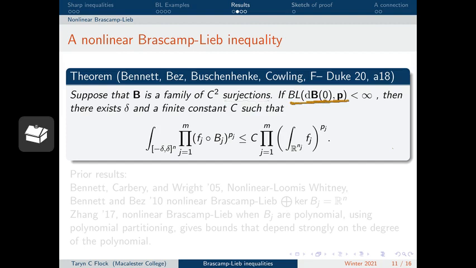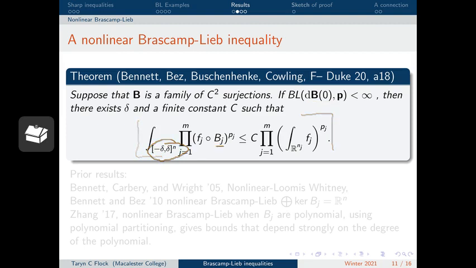So I have this family of nonlinear maps. Near some point 0, their derivatives give me a true Brascamp-Lieb inequality. In that scenario, then, a nonlinear Brascamp-Lieb inequality holds on a small neighborhood of the point. So we've changed the Brascamp-Lieb inequality in two ways.